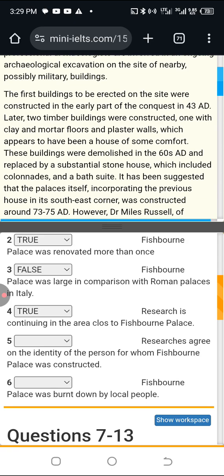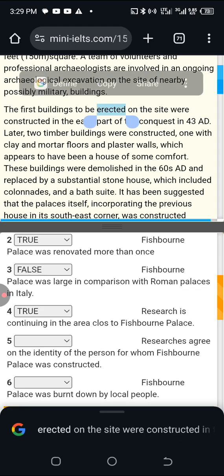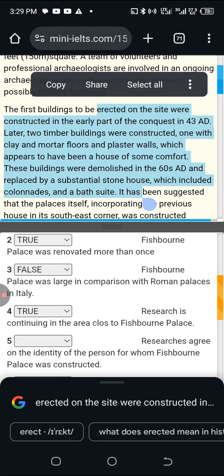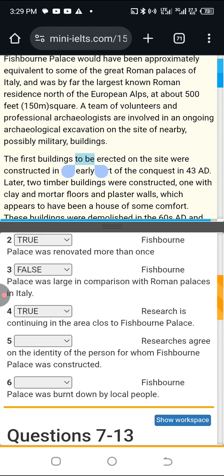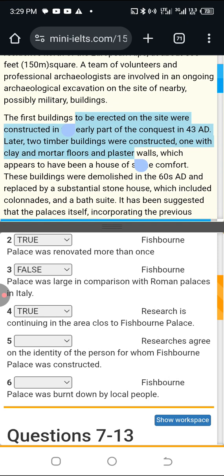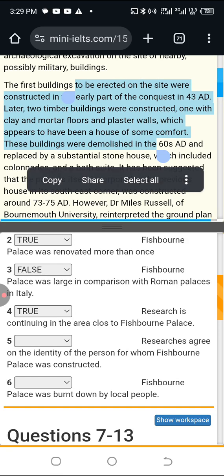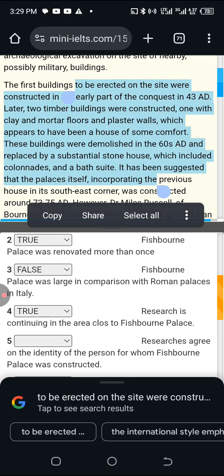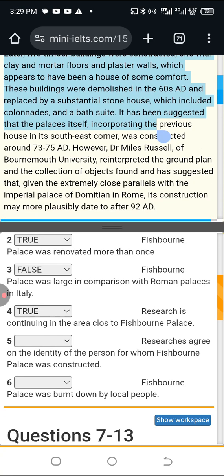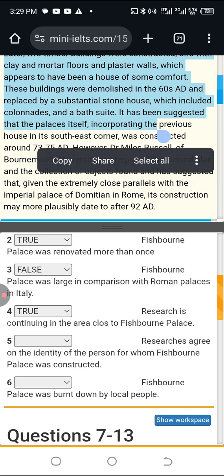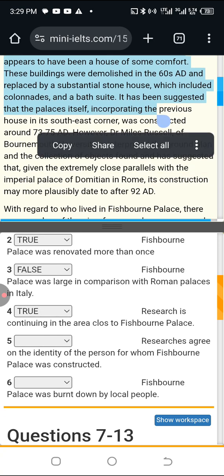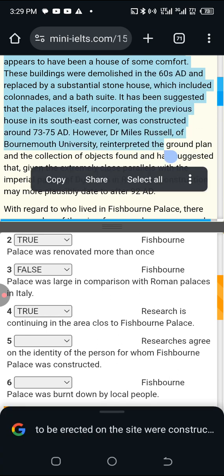Okay. The first buildings to be erected on the site were constructed in the early part of the conquest in 43 AD. Later, 2 timber buildings were constructed, one with clay and mortar floors. These buildings were demolished in the 60s AD and replaced by a substantial stone house, which included colonnades and a bath suite.